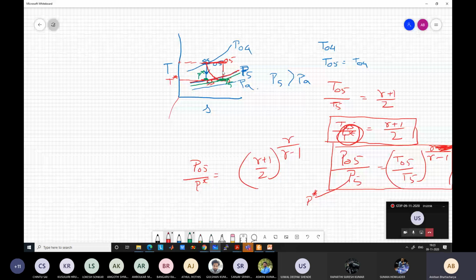Physically, because of frictional losses in a non-isentropic case, there is some pressure drop. Although this does not reduce the temperature, because the frictional losses manifest as temperature itself, it reduces the pressure somewhat. So to achieve the same velocity, the pressure difference is higher. Okay. So this is the important point.